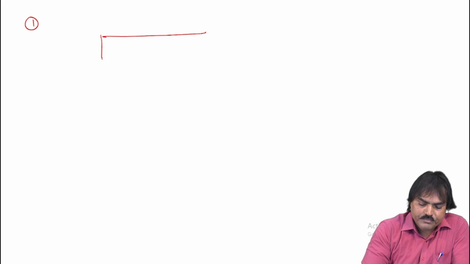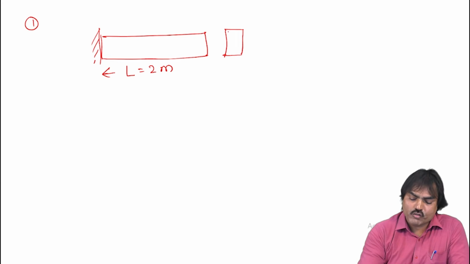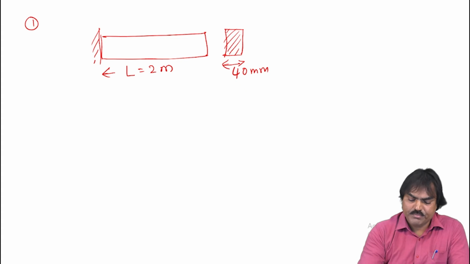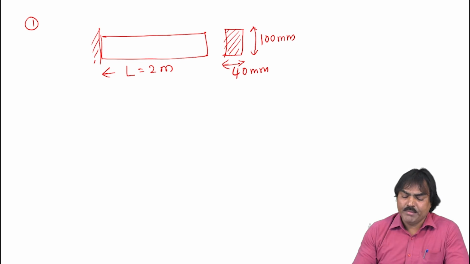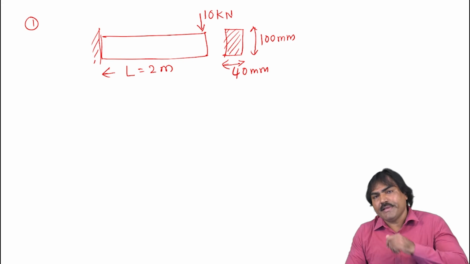I am taking the problems. The first problem: a cantilever beam of length 2 meters, made of rectangular cross section of width 40 mm and depth 100 mm, is subjected to a point load of 10 kilonewtons at the free end.